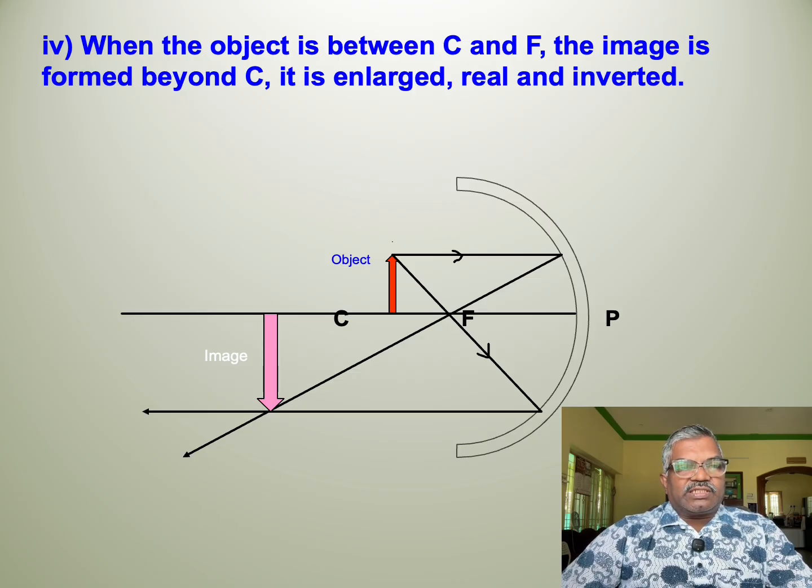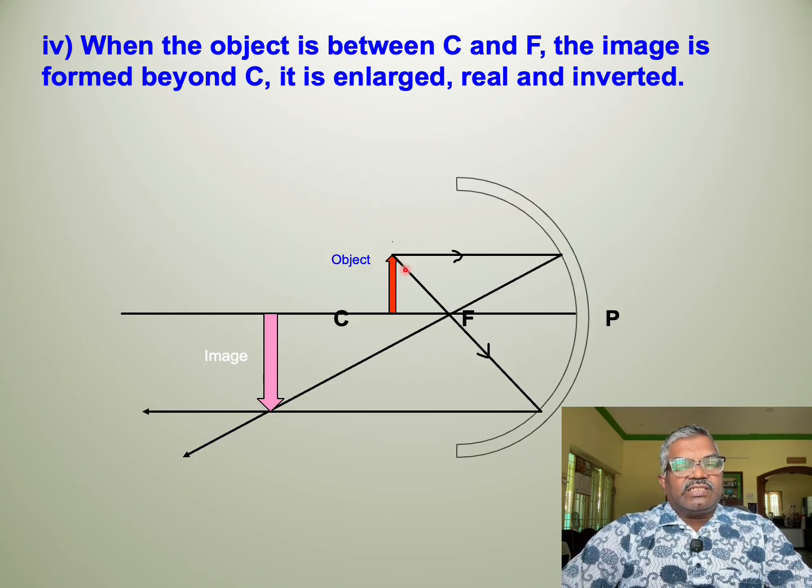The next position of the object is between C and F. Here also you can see that one ray from the object is parallel to the principal axis. It bounces back after reflection and will pass through the focus. You can follow the pointer. The other ray is just opposite to the first ray.